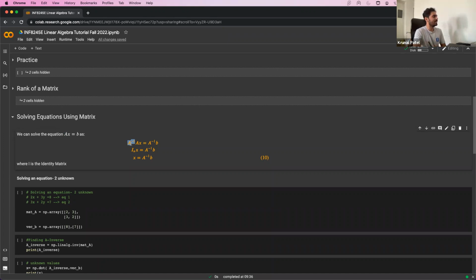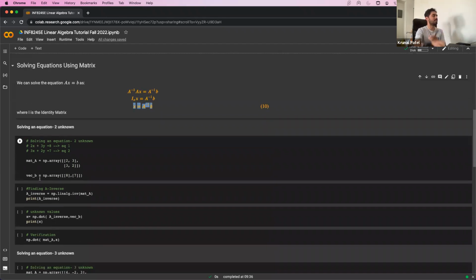That's basically the inverse of the matrix, and sometimes the inverse will not be possible when the matrix has lower rank. So we multiply with the inverse, and that's how you find the solution of the linear equation. So how do we do this in code?